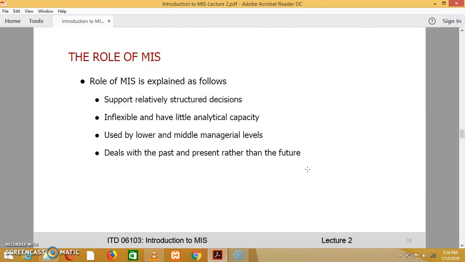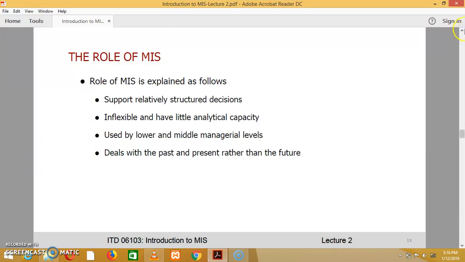In a company, they are used just by middle managers. As we say, they deal with the past and the present rather than the future. So these are not so useful in making strategy for the future, but they consider the past and the present. So this is such a kind of information system.